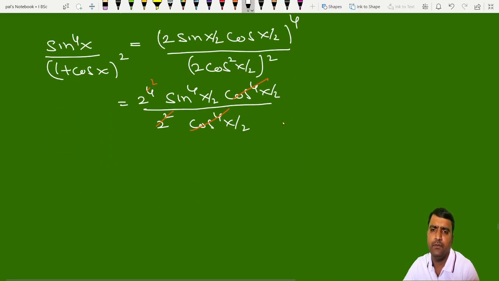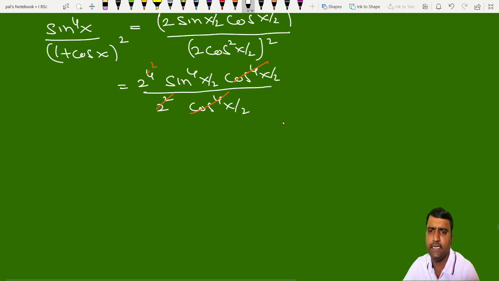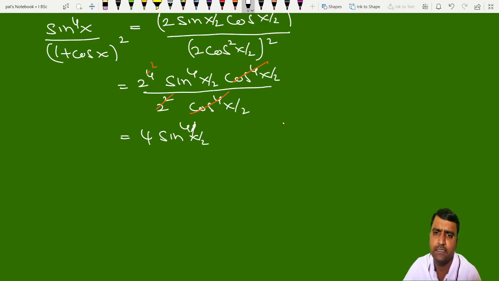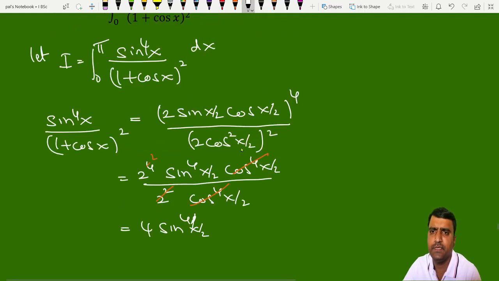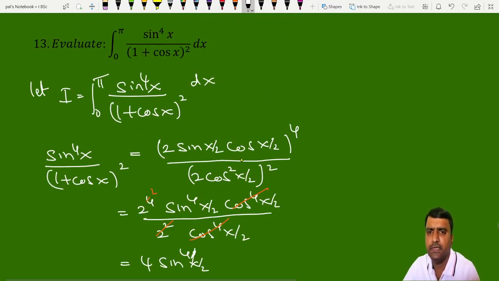So finally we have 2 square is 4, 4 into sin to the power 4 x by 2. You substitute the same here.